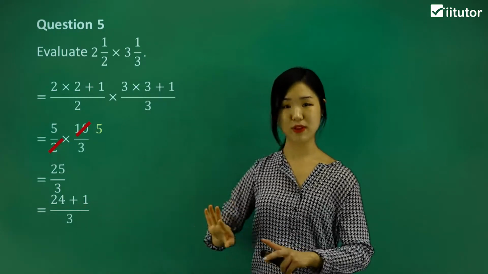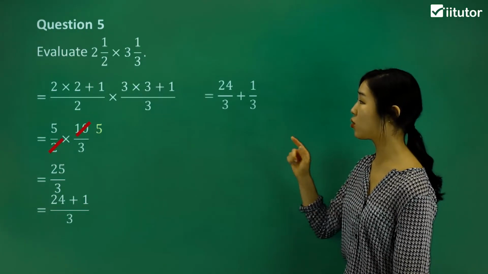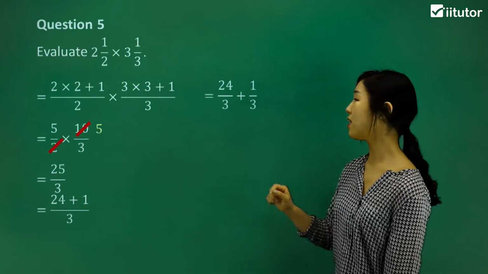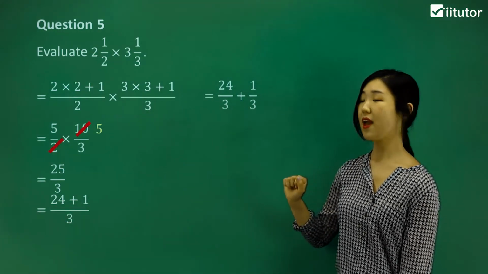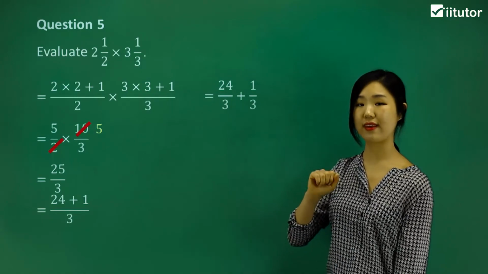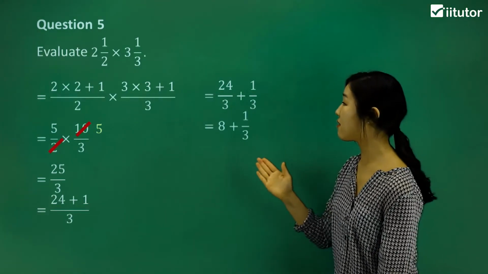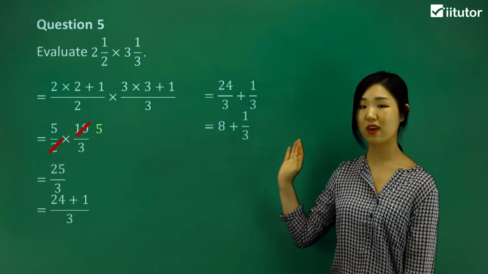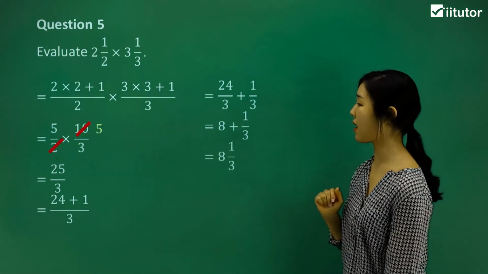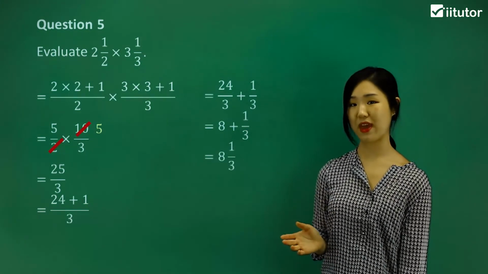So now let's split the fraction in 2. So I have 24 on 3, plus 1 on 3. And then I know that 24 on 3 is simply going to be 8. So we have 8 plus 1 on 3 left. And then, if it's plus, we can get rid of the sign and it will just become 8 1 over 3. That will just be our answer for this question.